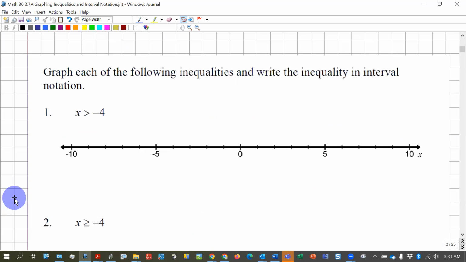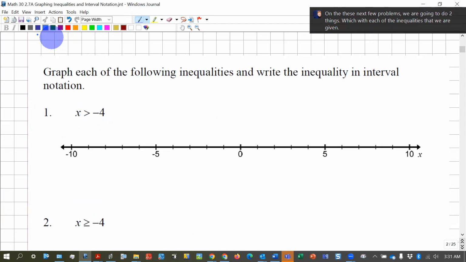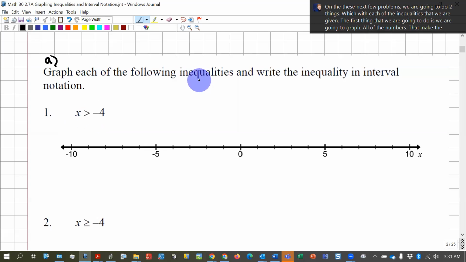On these next few problems, we are going to do two things with each of the inequalities that we are given. The first thing that we are going to do is graph all of the numbers that make the inequality true. And then we are also going to write each of the inequalities in what is called interval notation.